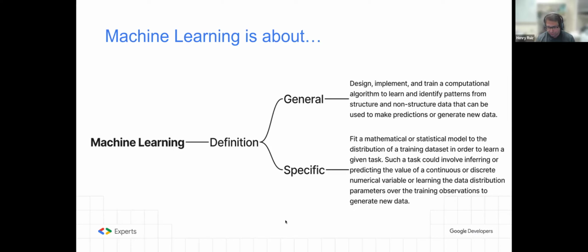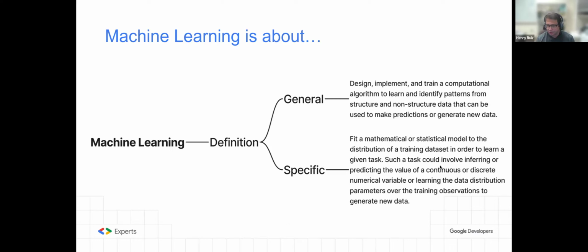But if you want a more specific definition of what machine learning does, it consists of fitting a mathematical or a statistical model to the distribution of the training data set that we provide in order to learn. Learn is key here. And this is for a specific or given task.